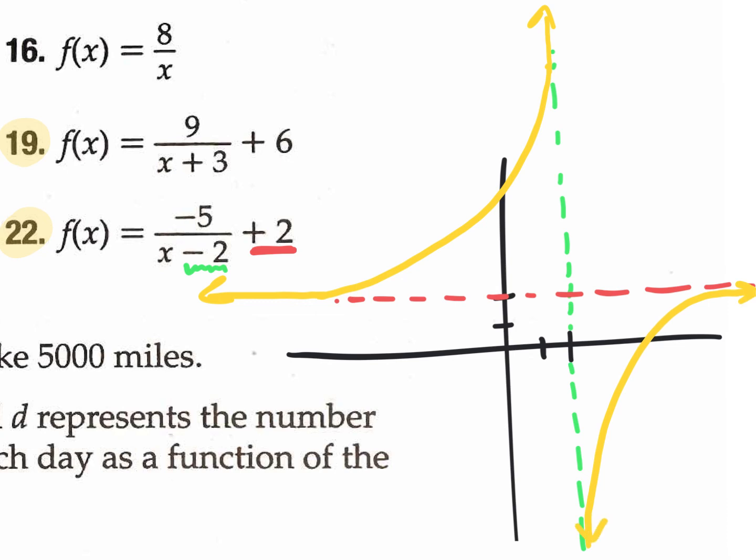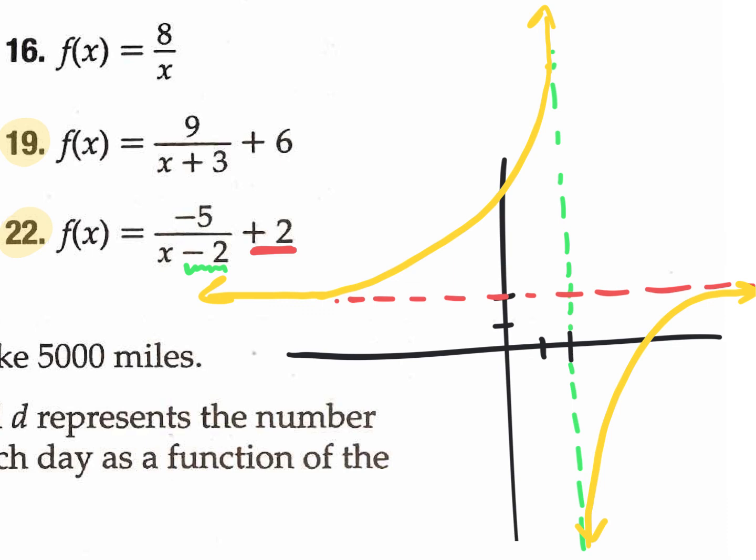Now, why did I go with a wider curve? Why didn't I get closer to the red before turning? Because it got vertically stretched by 5. That's why it's a wider curve. So if it would have been a regular -1, it would have gotten pretty close and then turned. But because of the 5, it got vertically stretched, so it's a wider curve out. Does that make sense? Okay.